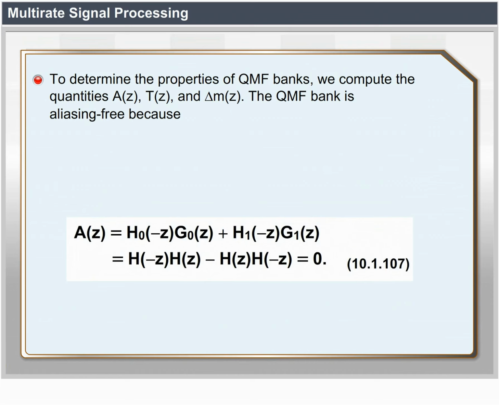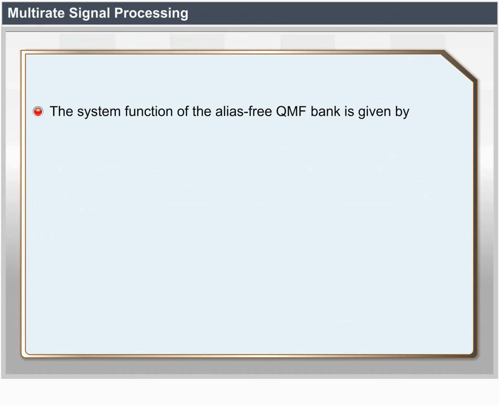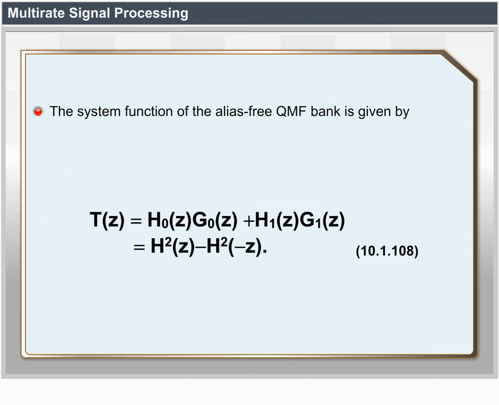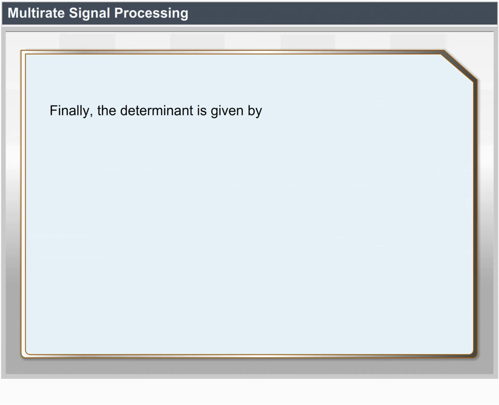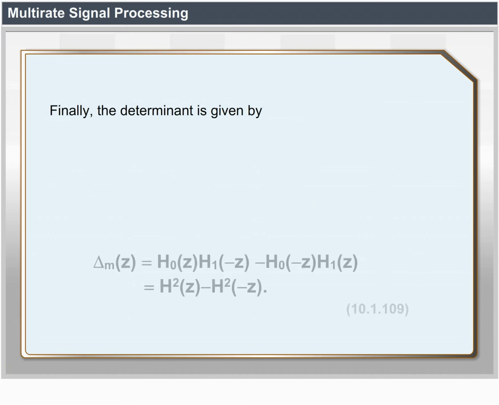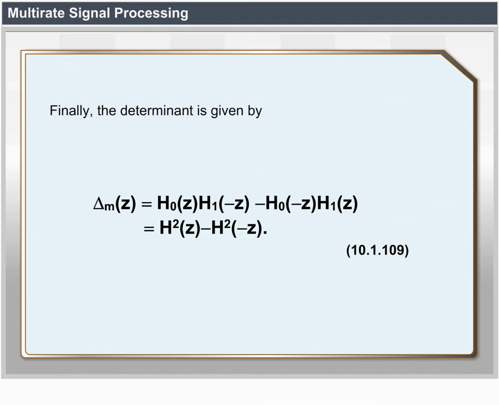The system function of the alias free QMF bank is given by T of z equal to h0 of z times g0 of z plus h1 of z times g1 of z equal to h^2 of z minus h^2 of minus z, called equation 10.1.108. Finally, the determinant is given by delta m of z equal to h0 of z times h1 of minus z minus h0 of minus z times h1 of z equal to h^2 of z minus h^2 of minus z, called equation 10.1.109.